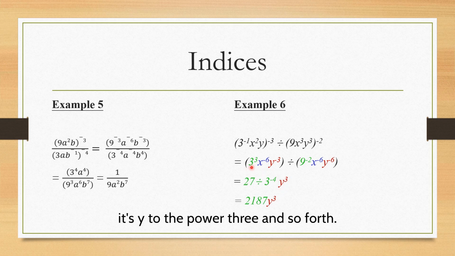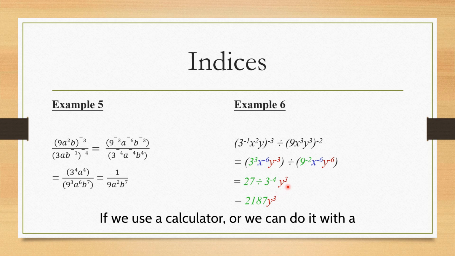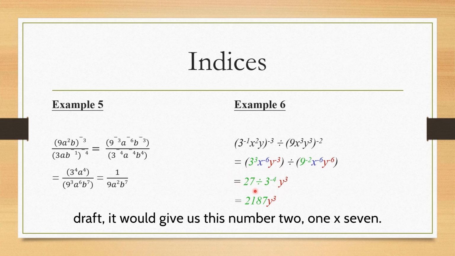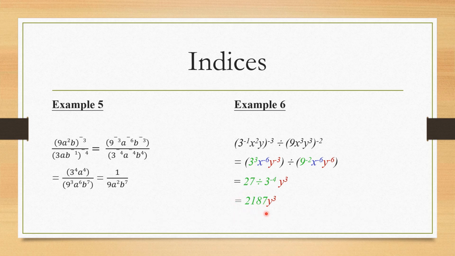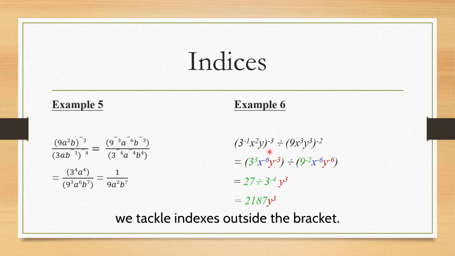And so forth. 3 cubed means 27, and then 9 to the power minus 2. If we use a calculator, or we can do it with a draft, it would give us this number, 21x7. So altogether, this is the final answer, and this is the way we tackle indexes outside the bracket.